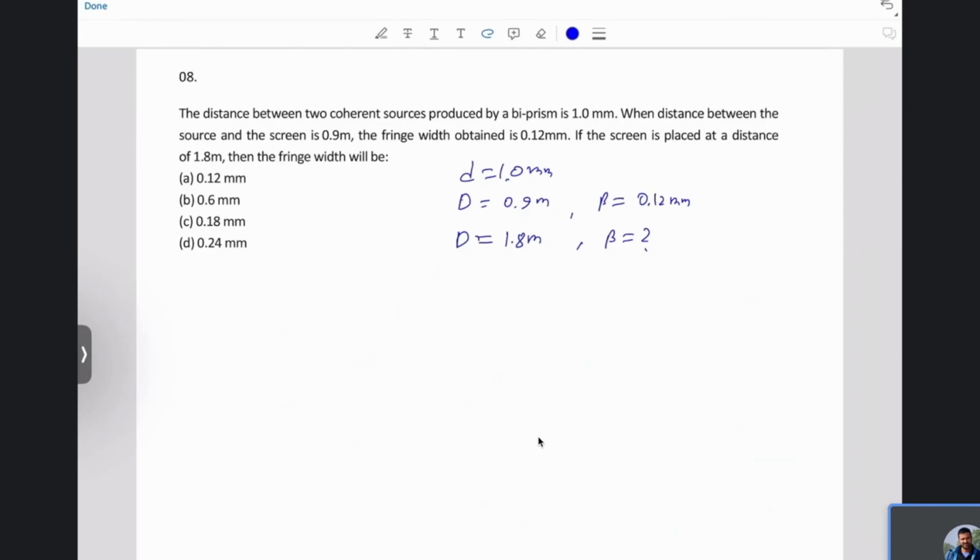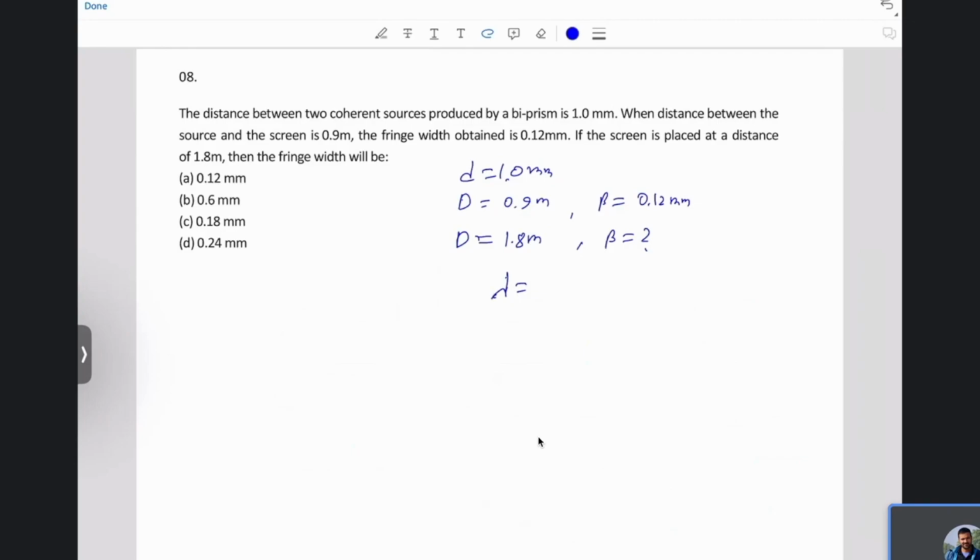It's a very simple problem. So first we have to calculate lambda.